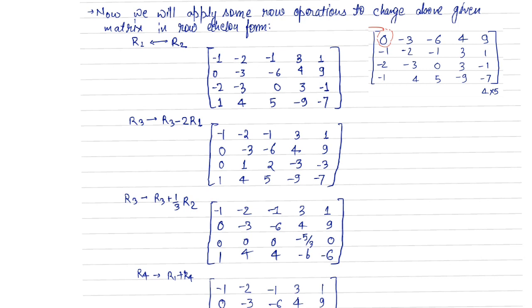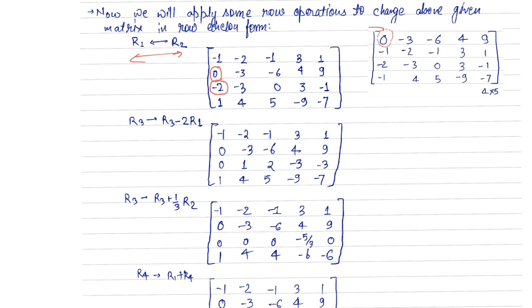So we will do that here. I have interchanged row 1 with R2. The 0 row will come here and this row will go there, and it gives me this. Now we have minus 1 here, and if I want to make this point 0, this one is already 0, so I have to make this point 0.